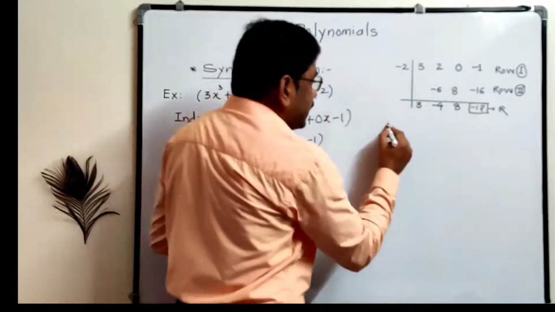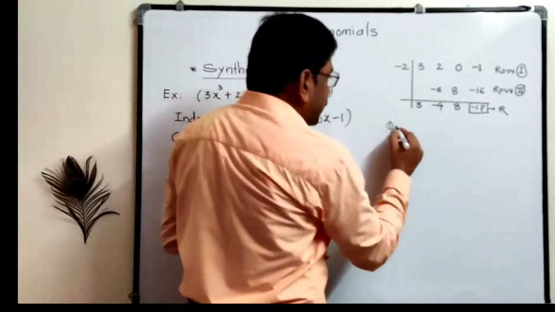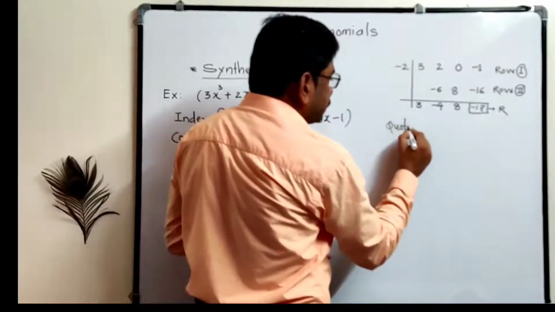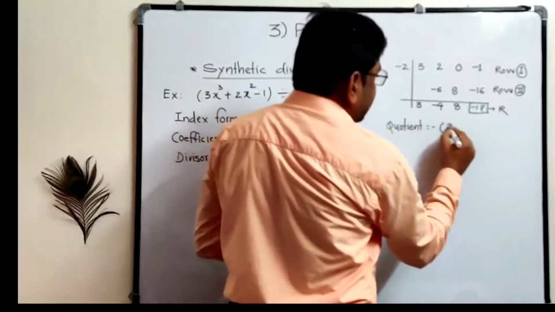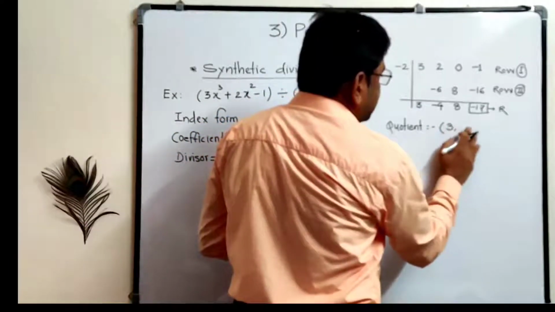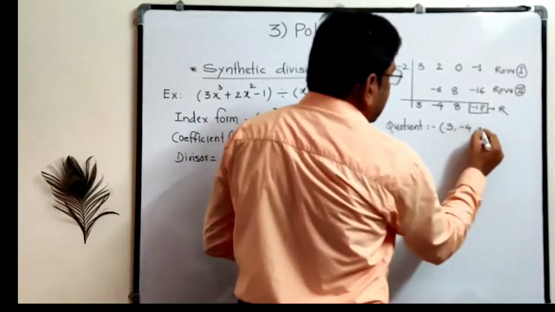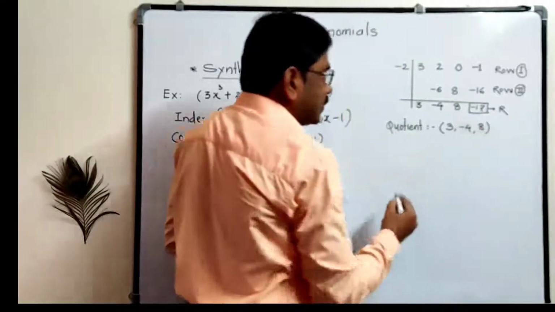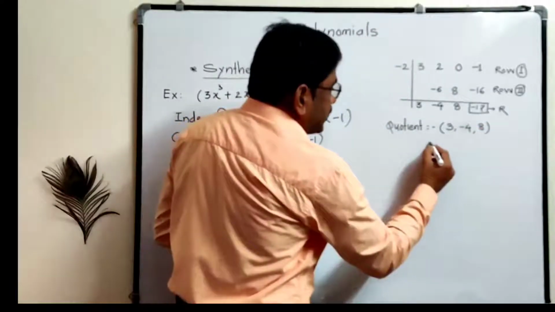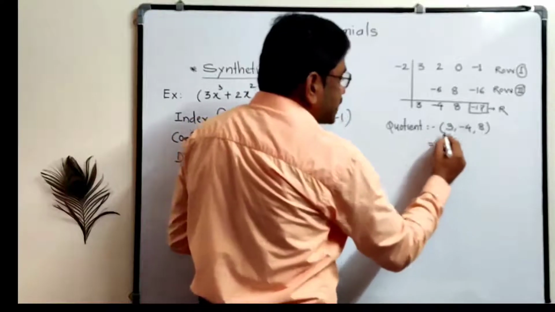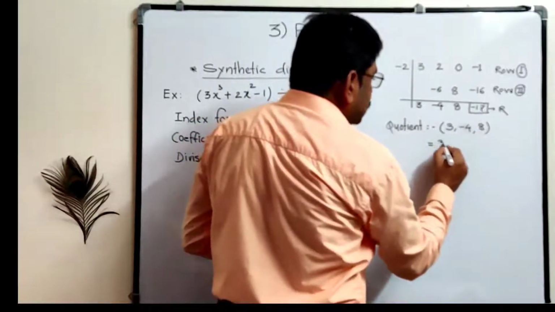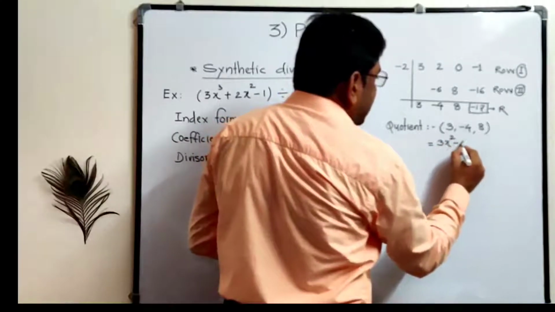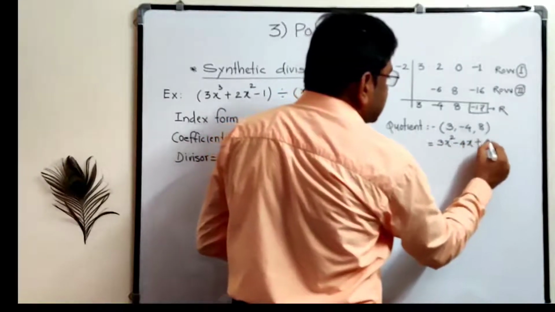So quotient we get in which form? Quotient is in coefficient form: 3, minus 4 and 8. Now write this quotient in the index form. So degree is 1, 2, 3. Degree is 2. So 3x square minus 4x plus 8.